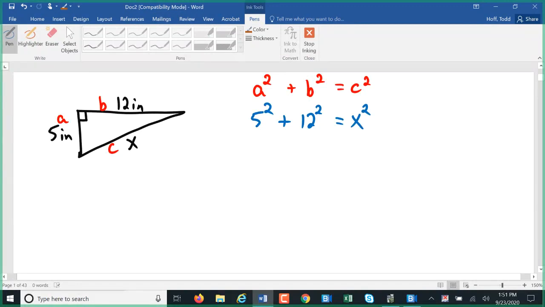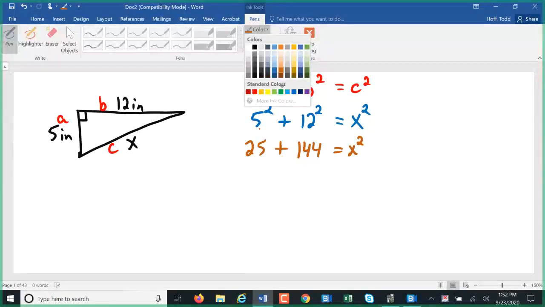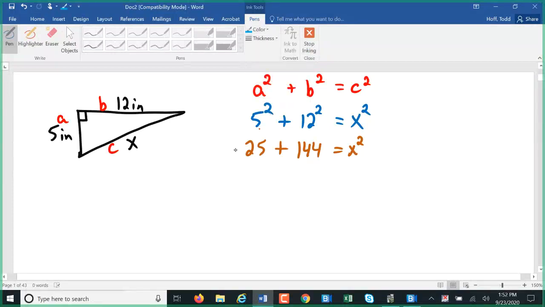Now it's a matter of doing order of operations again. 5 squared is 25, plus 12 squared is 144. At this point, we can't do anything with the X squared yet, so we'll just leave that as X squared. 25 and 144 is 169 equals X squared.